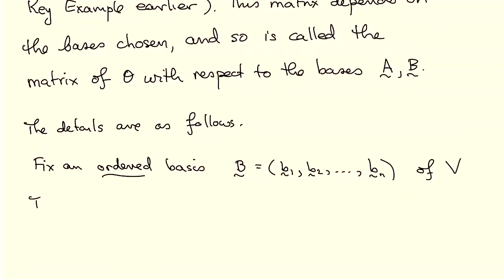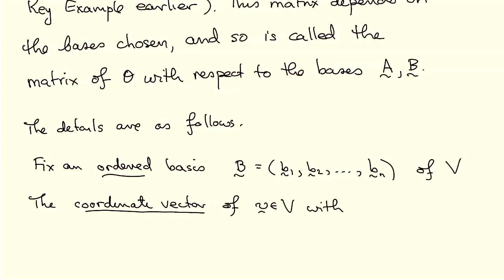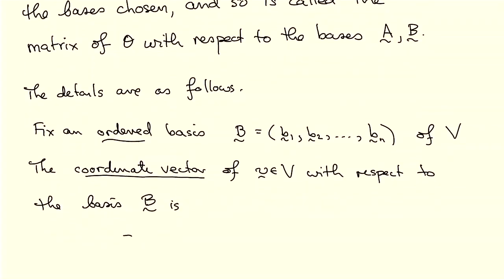So the coordinate vector of a vector V in V with respect to this basis, so now everything's going to be with respect to the chosen basis. So we need some notation here as well.